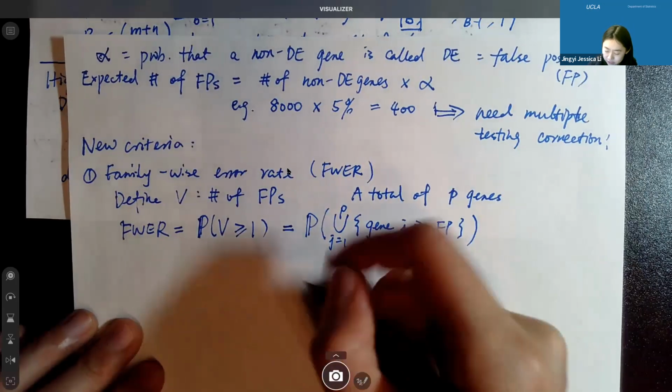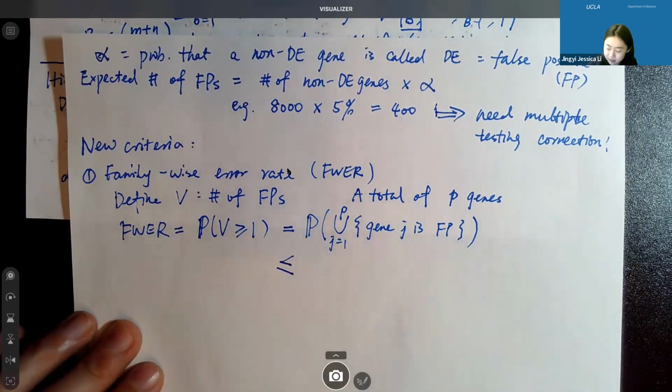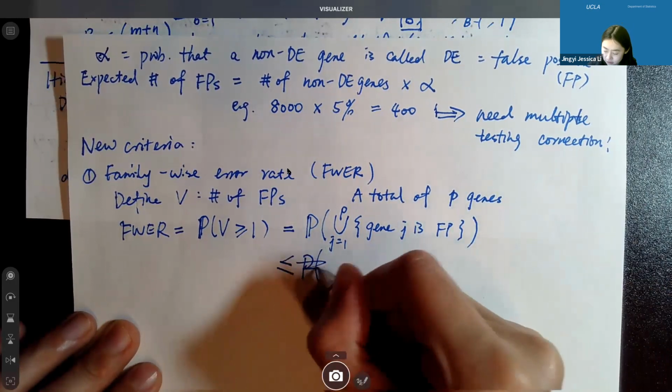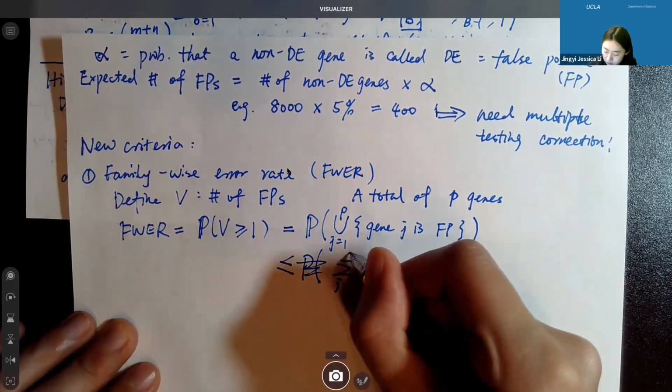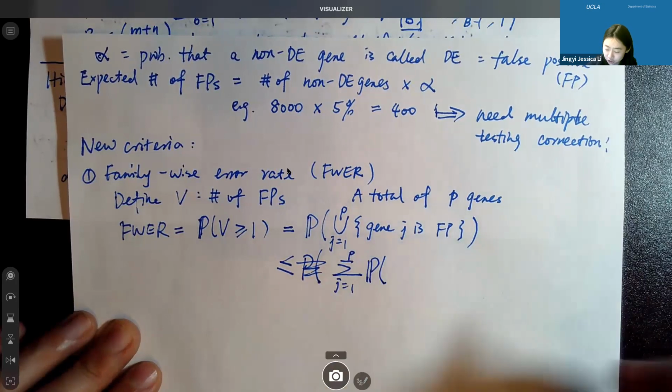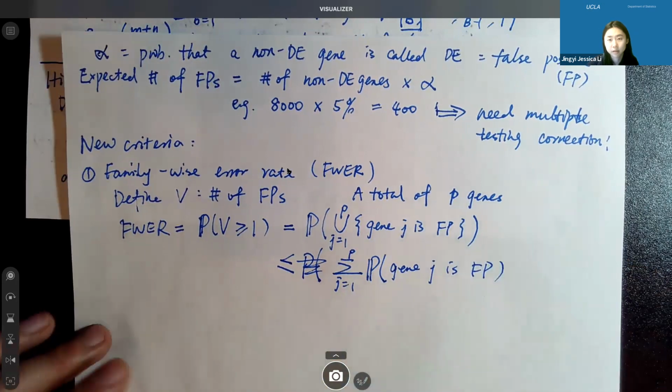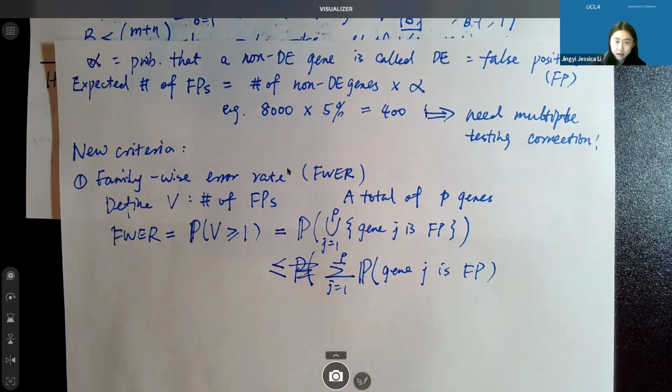Then this union probability is less or equal than the sum over J from 1 to P of the probability that gene J is FP, is a false positive. Okay, and what's that probability? Do we know? What's the probability that gene J is FP? That means gene J is non-DE, but we call it. The alpha.